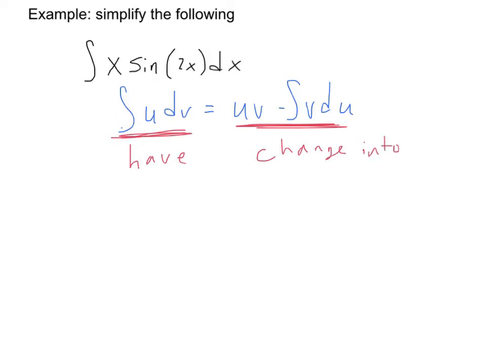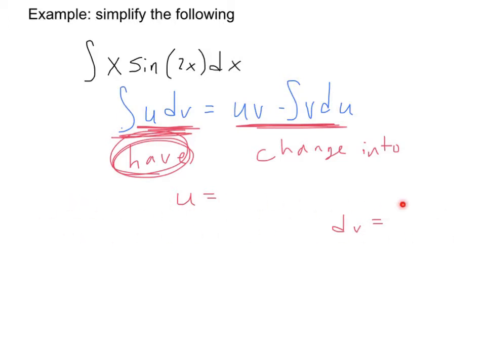And so our first step is to recognize what we have. So what we do is we write down, okay, if my integral here really is u dv, then what is my u and what is my dv? You may have noticed I wrote those on two different lines.